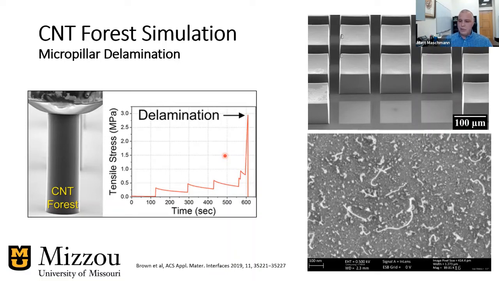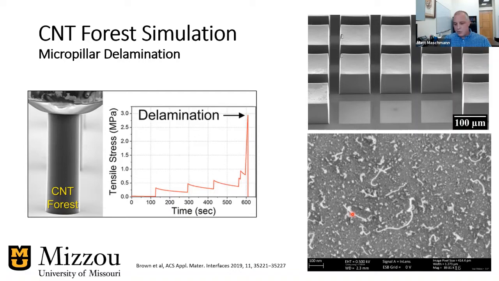As you lift these things, you can see here at the bottom right that there's kind of residue left from where the nanotubes were, and also some shorter nanotubes that were left behind. And in your mind, you might think, well, what's the actual stress at the bottom of the carbon nanotubes that are interfacing with the substrate?